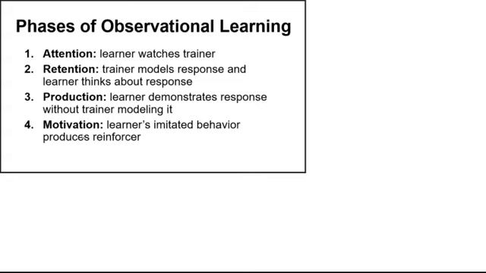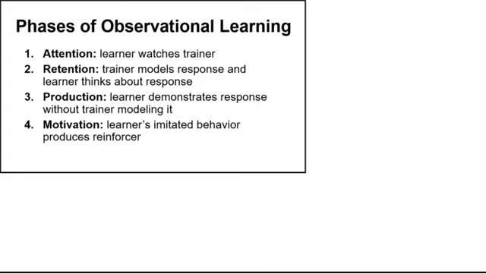So the first part is attention, where the learner watches the trainer. We also have to look at retention. So when the trainer models the response and the learner thinks about the response. Here, when they're talking about trainer, I think they're referring to the model, a couple of different terms, of course. So if we had our observer rat watching our model rat learning how to interact with something, attention is just, is the observer paying attention?